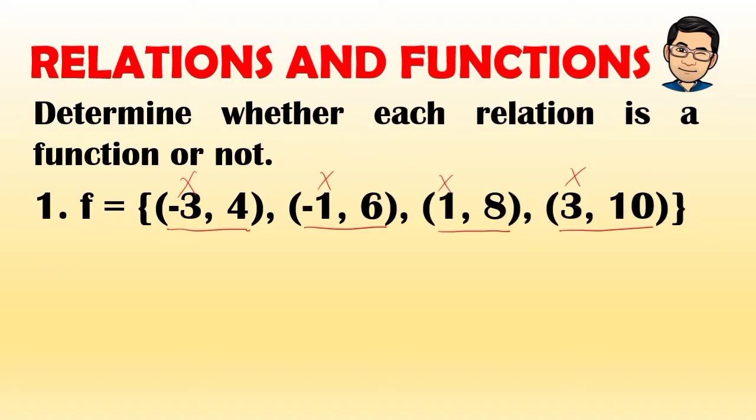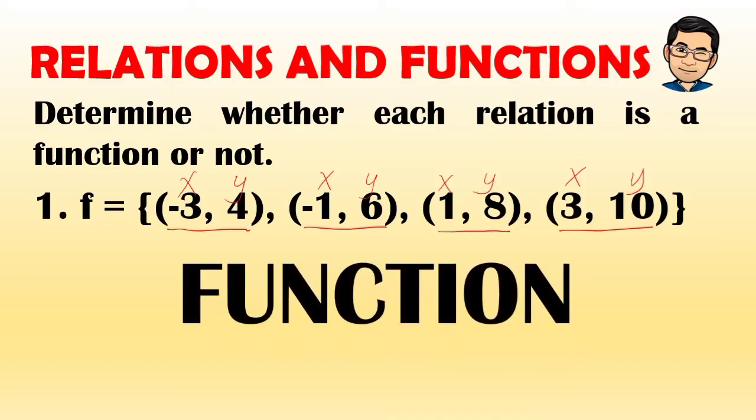At the same time, yung mga y values natin, 4, 6, 8, and 10. Okay. So, dahil magkakaiba yung mga x values natin, ibig sabihin, ang given natin is a function. So, bawat x value, nagko-correspond lang siya sa isang y value.